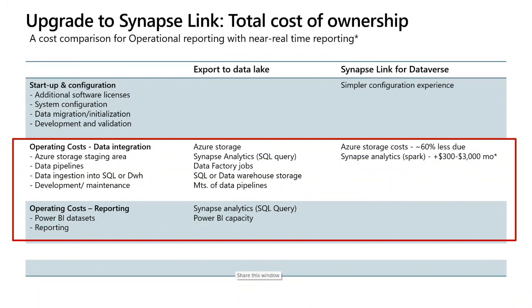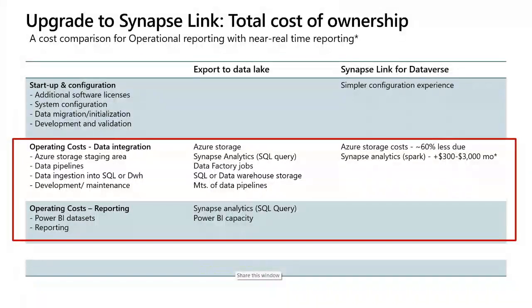In the case of data integration with export to data lake, you are exporting data in CSV format into a storage account. Now, CSV is a little bit verbose, so your storage account may have a lot more data, but storage doesn't cost that much money.